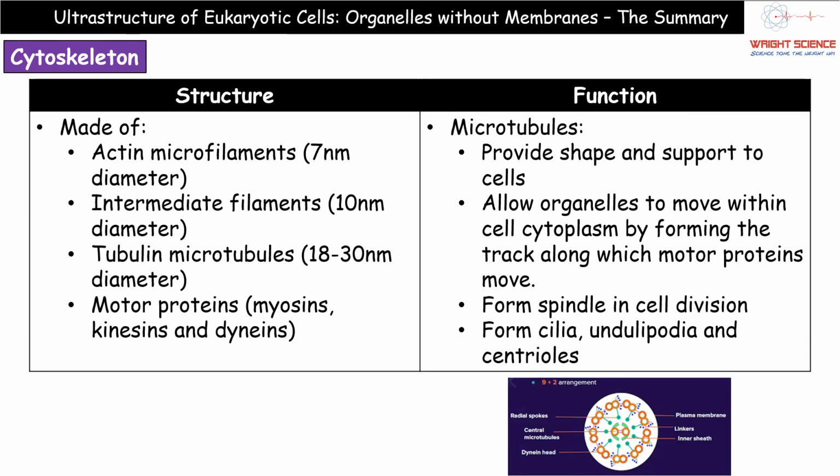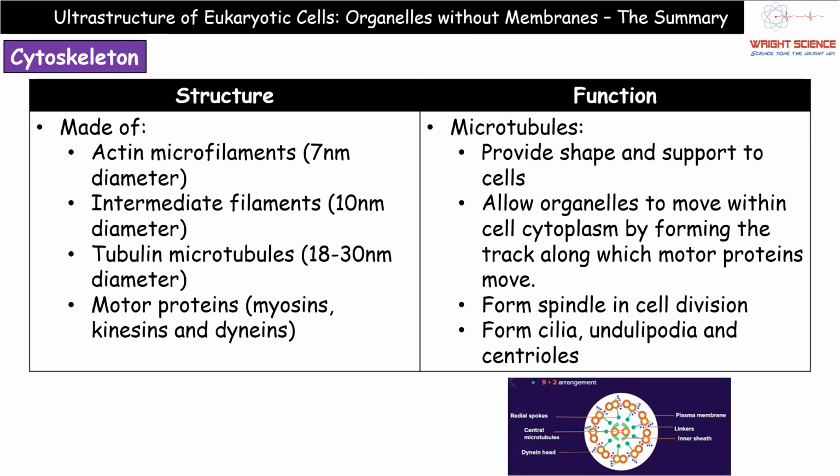The microtubules then, the 18 to 30 nanometer ones made of tubulin, are providing shape and support to the cells. They are also very important in allowing the organelles to move within the cell cytoplasm. The way that they do that, just like we saw previously with tubulin, is that the tubulin makes the network along which the motor proteins can move.